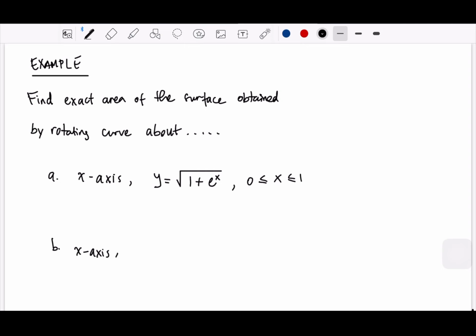X-axis. But the equation is x equal 1/3. See if you can solve this. And this is from 1 y.